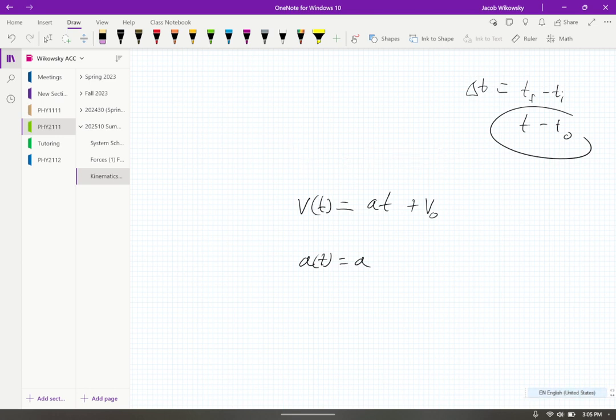And so we end up with a formula that looks like this. If we check out our equation sheet, especially looking at what we call the SUVAT equations, this is like an acronym essentially. T is for time, A is for acceleration, V is for velocity, U is for initial velocity.